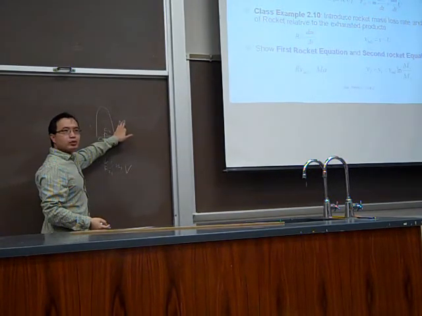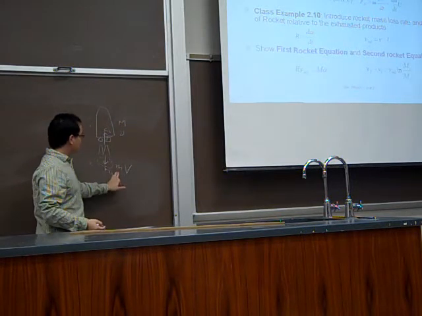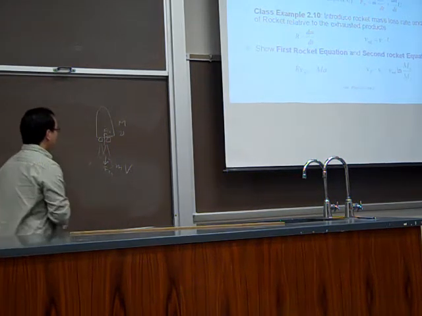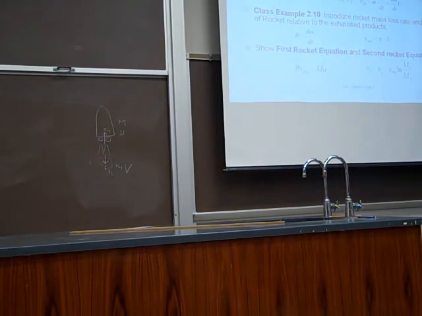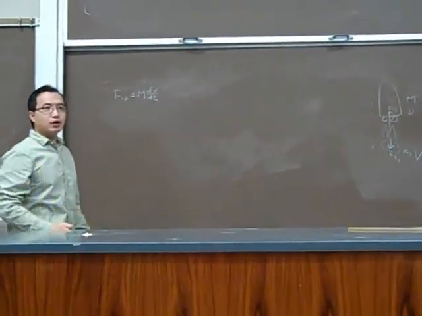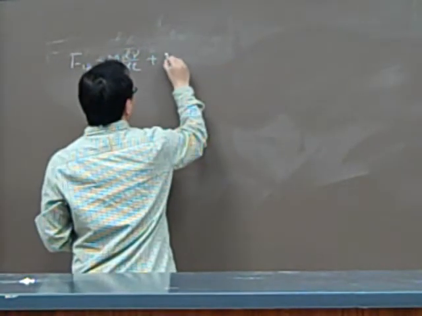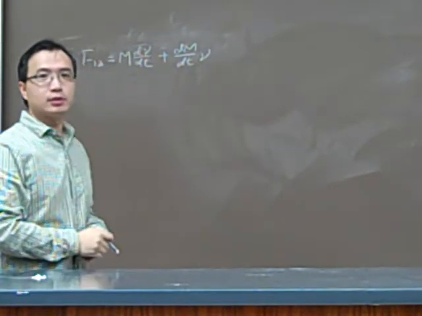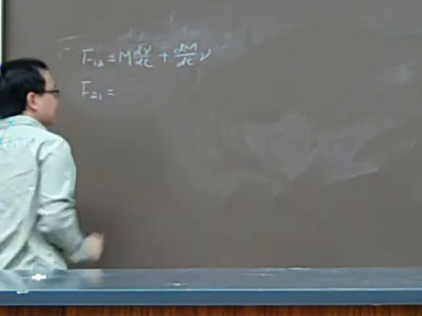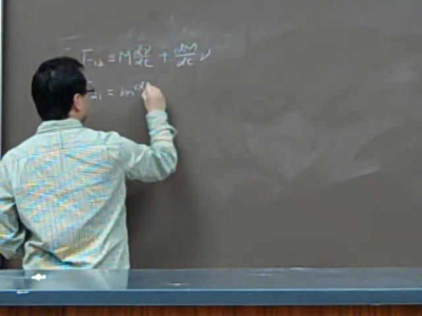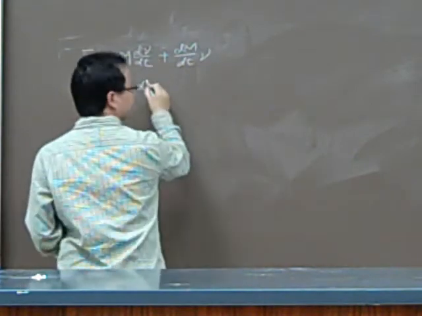I don't know why people use capital M and small v for the rocket, and small m and capital V for the exhausted product. Fine, let's use u here.